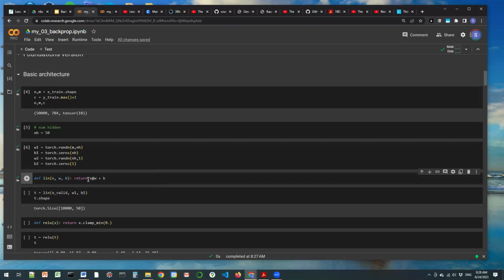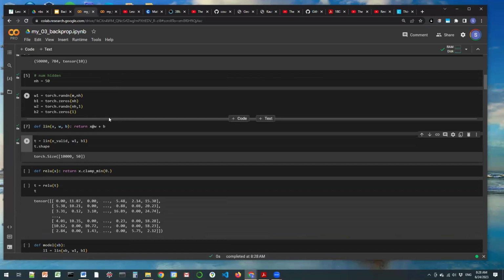So what would be the multiplication? Work it out, and you would then see that the shape of T would be 10,000 by 50. So that's essentially what he's trying to show here. The reason to work through such very simple and trivial examples is to get familiar with the matrix multiplication and what you expect the shapes of outputs to be, and then confirm it by running the notebook. But just mindlessly running the notebook otherwise doesn't teach you a whole lot.